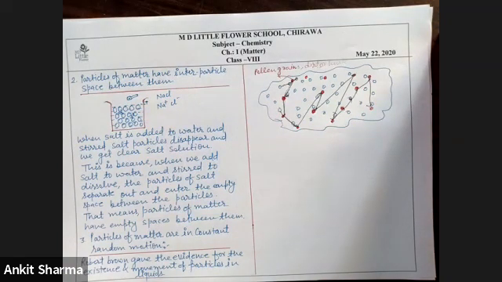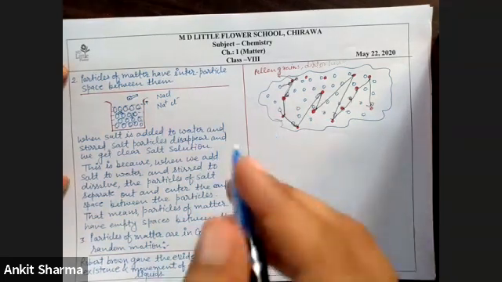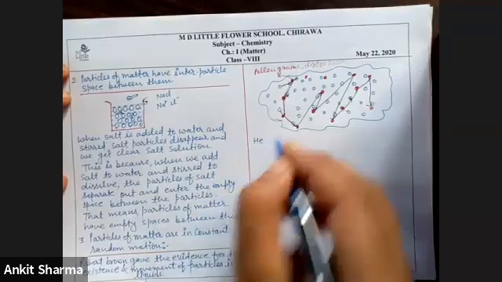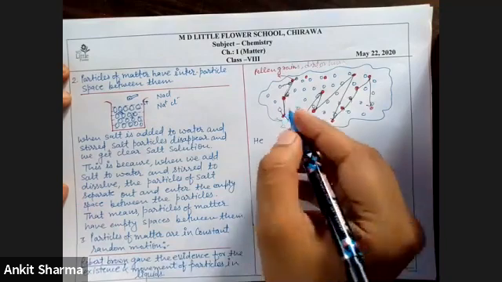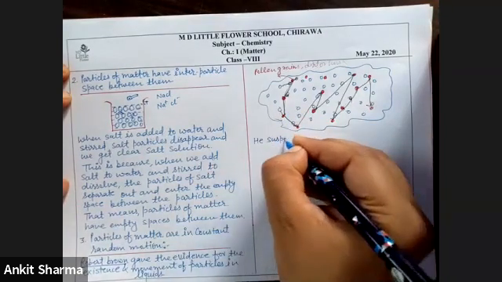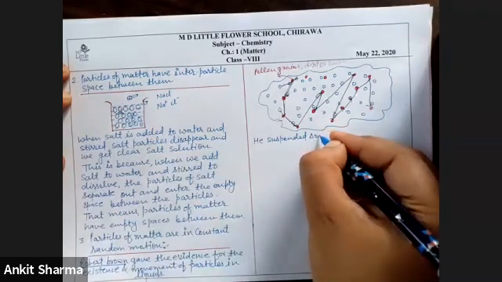Now write the theoretical portion. So he suspended. I'm talking about Robert Brown. Okay, he suspended. Okay, so मतलब लटकाना.